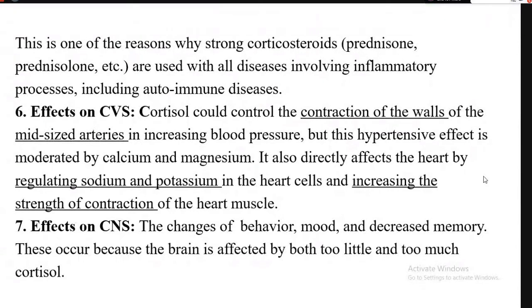So I said you can write an essay. Okay, this is homework for you. Number 1, write an essay on insulin action. Number 2, write an essay on glucocorticoid function, the action of glucocorticoid in our body.